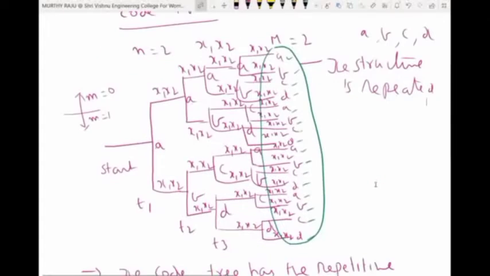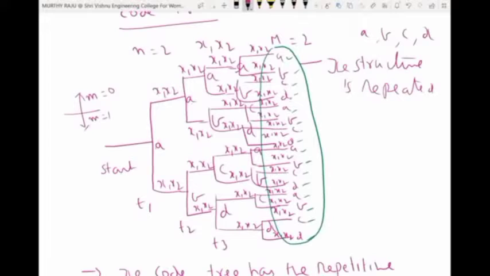Observe this repeated structure. A is the current state, here A is the next state. A is the current state, B is the next state. X1 and X2 are the outputs of the convolutional encoder shown on the branches of the code tree. B is the current state and C is the next state.